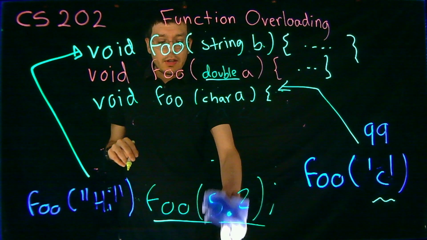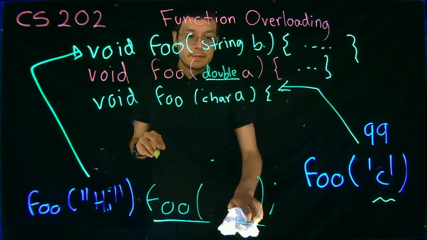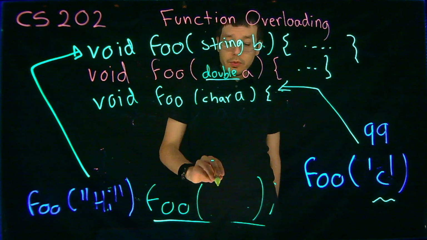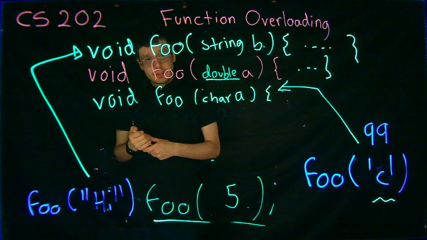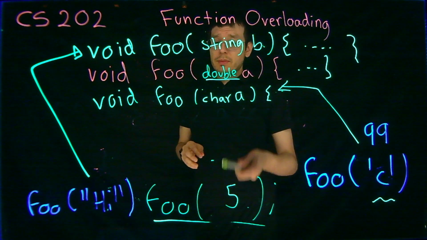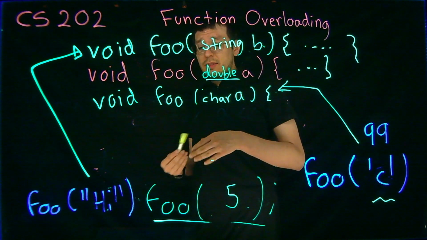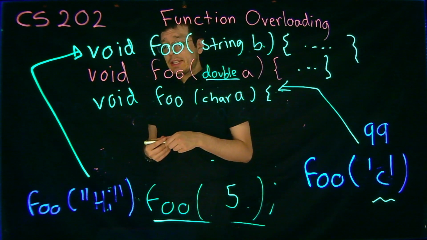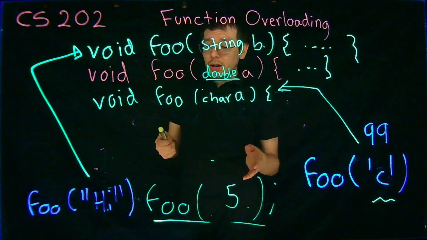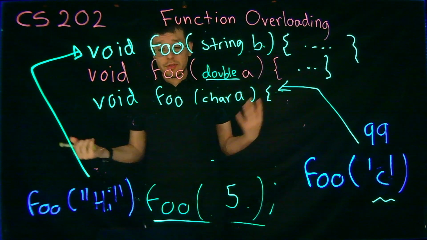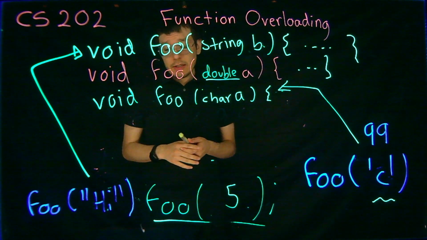But let's, instead of doing a double for this one, let's say that we're passing just an integer. This one's kind of tricky because the integer can be coerced into a double. It's still a sort of coercion happening, but it just makes more sense to do that to a double than to a char, right? But at the same time, the char kind of fits an integer because the char is just that ASCII table of integers.